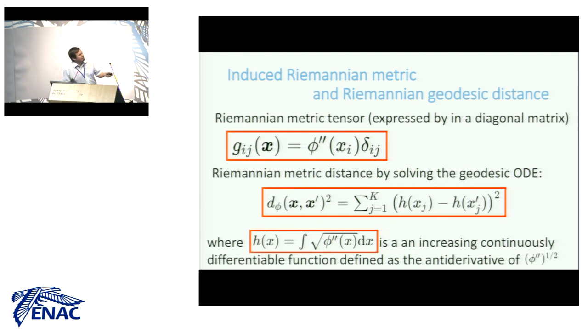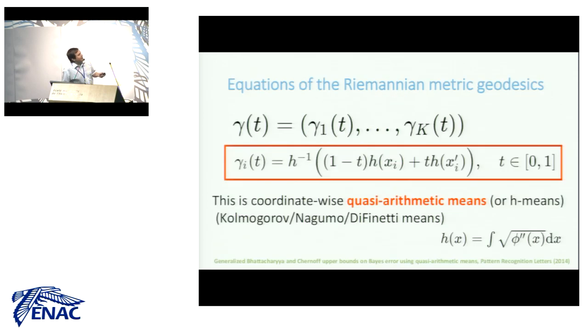And for writing this expression, I will introduce a mapping transformation h that is defined as the antiderivative of the square root of the second derivative of phi. Okay, so it's an increasing continuous differentiable function. So the geodesic, once you have this diagonal metric, will be simply written as follows.